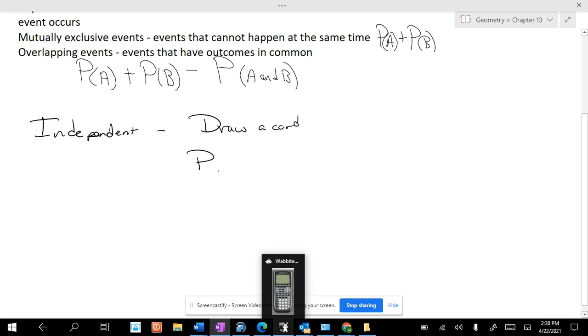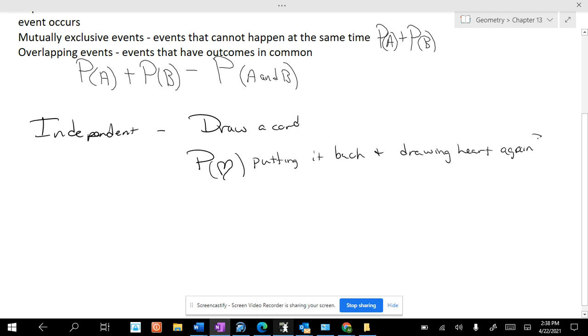What's the probability of drawing a heart, putting it back, and drawing a heart again? Okay? How many cards are there in a deck of cards? 52. How many hearts are there? 13.